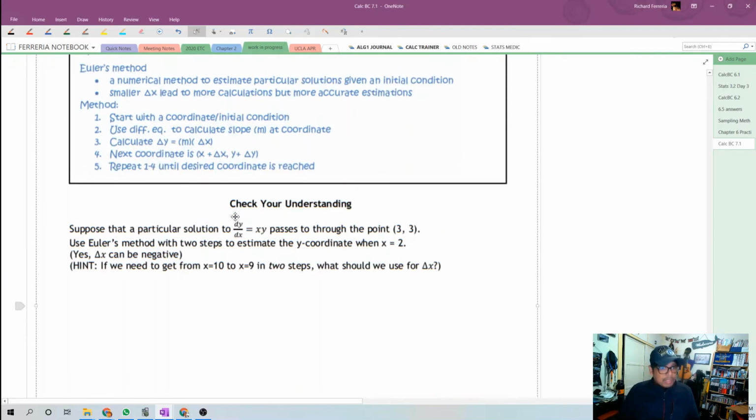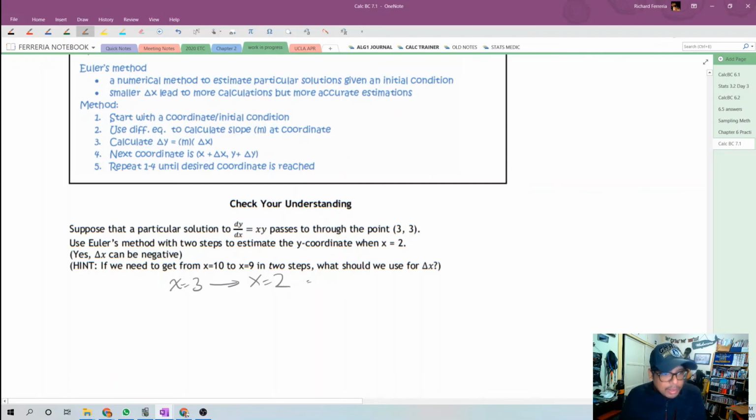So first of all, they don't tell you what delta x is, so you're going to have to figure that out. We're starting at x equals 3. We want to get from x equals 3 to x equals 2, so we need to cover a span of -1 units.